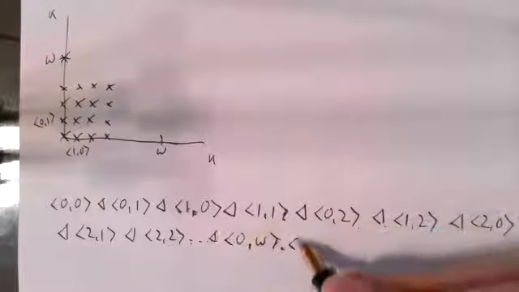It'll stop before the corner, omega, omega, and go down to omega 1. Sorry, omega 0. And then it'll go up the vertical like this.